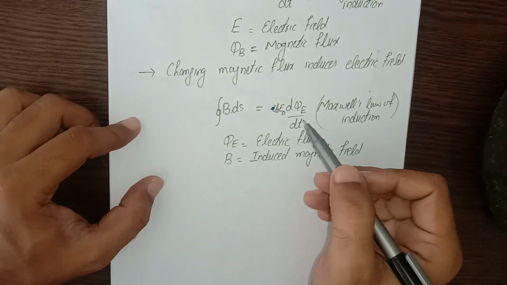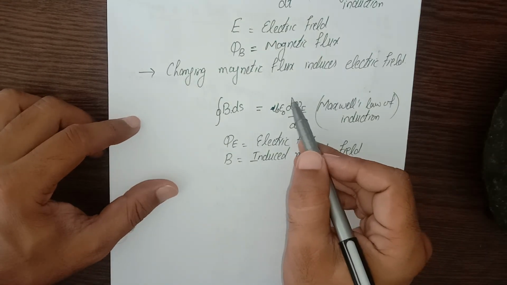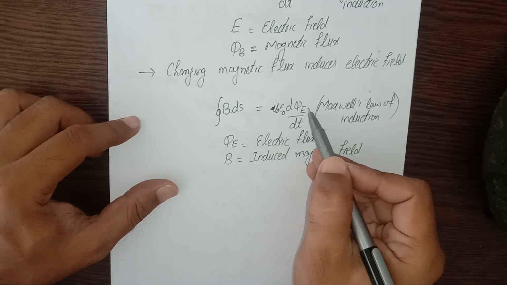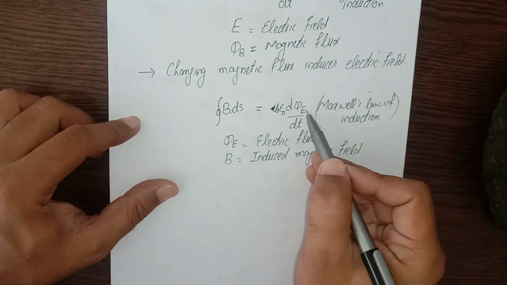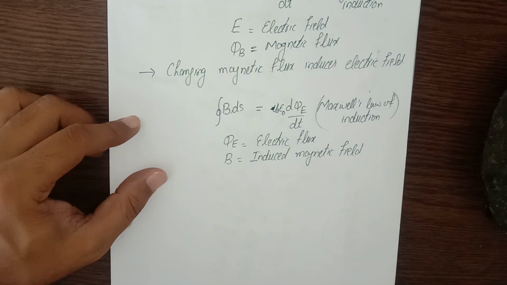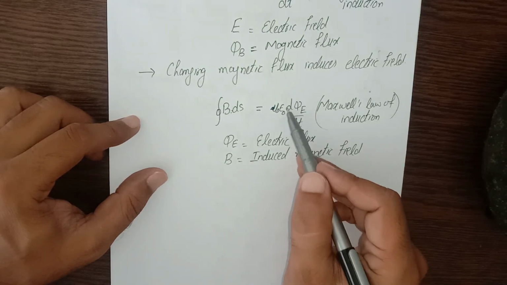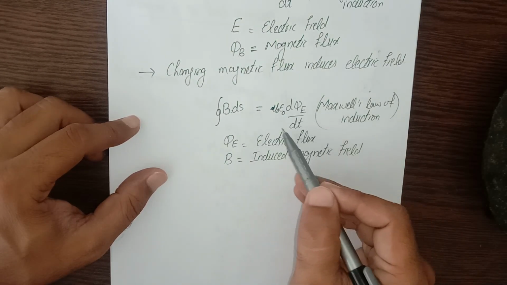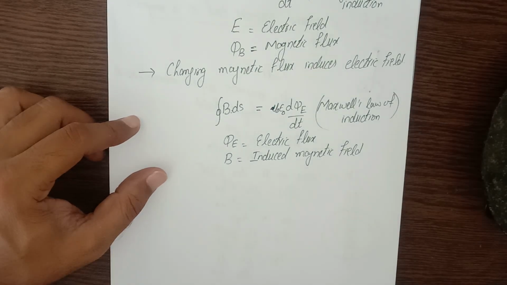When you see the dimensions of this epsilon naught d phi E by dt, you see that this represents a current, right? The rate of change of electric flux times epsilon naught represents a current.